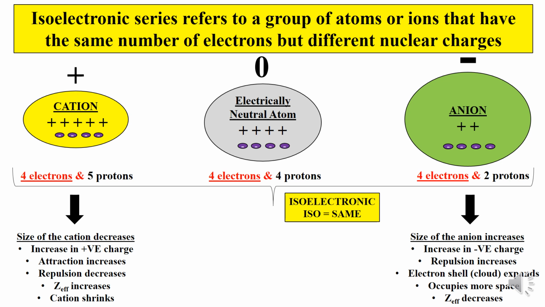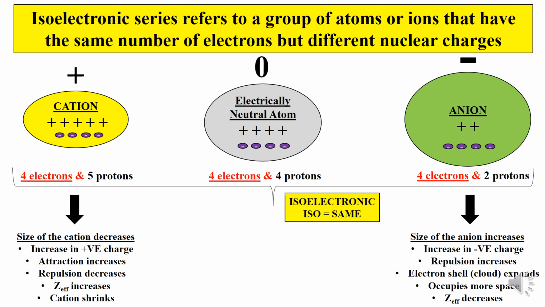And due to the increased repulsion between the electrons, the electron shell or cloud expands. This leads to the electrons occupying more space, and as a result the size of the anion increases. And the effective nuclear charge decreases due to the decreased number of protons in the ion.